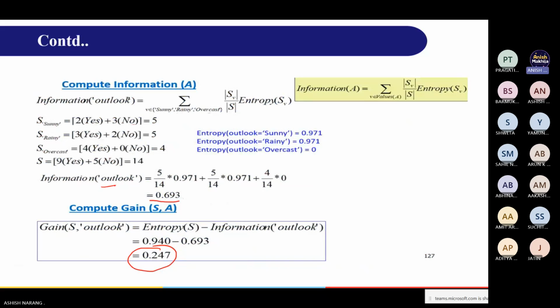Probability into entropy. In the next step, sir, we'll multiply probability by entropy and sum. A weighted average summation, right?